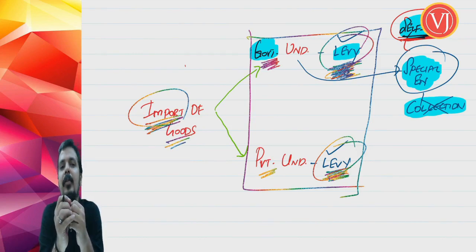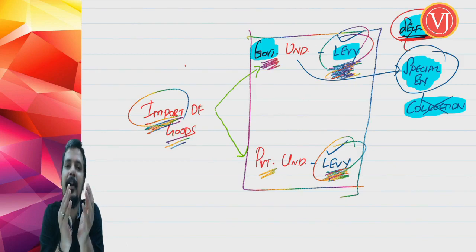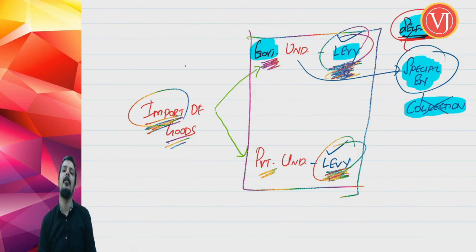Whereas in customs, your focus for levy is only on 3 P's, that is product, process and place. When you talk about your price, percentage and person, it is only for assessment and collection. The focus on price, percentage and person is even there in customs, but that is only for the purpose of your assessment and collection. So that difference you have to understand.